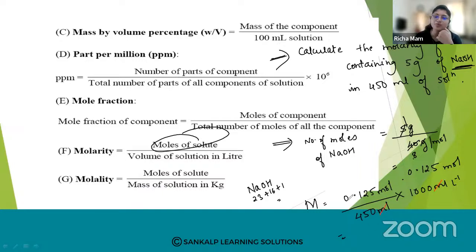First you divide 0.125 by 450. It gives you 0.000277. Now into 1000, this comes to 0.278, or 0.277. This should be your answer.